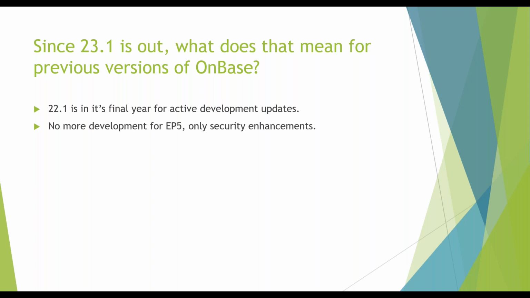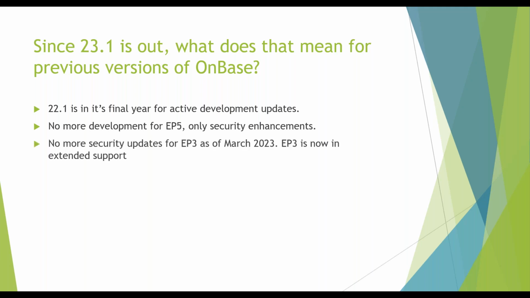There will be no more development for EP5, only security enhancements, meaning that if IBM determines there's some kind of security flaw, then Hyland will make the necessary updates to EP5 and a new build, but they would no longer have monthly releases like you would see for 22.1. If you're on EP3, as of March 2023, there's no more security updates, and EP3 is now in what's called extended support.